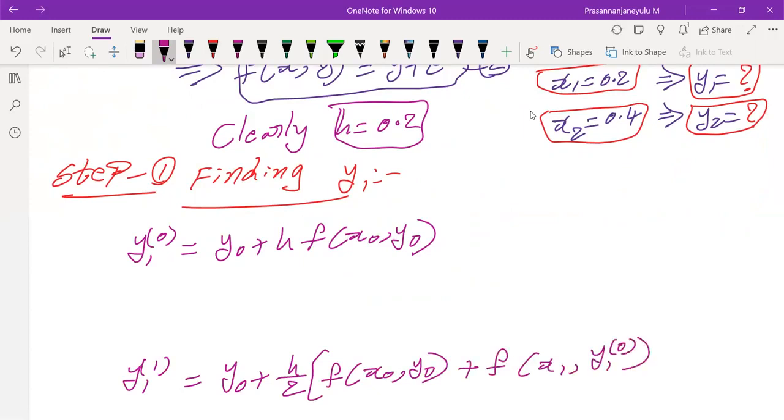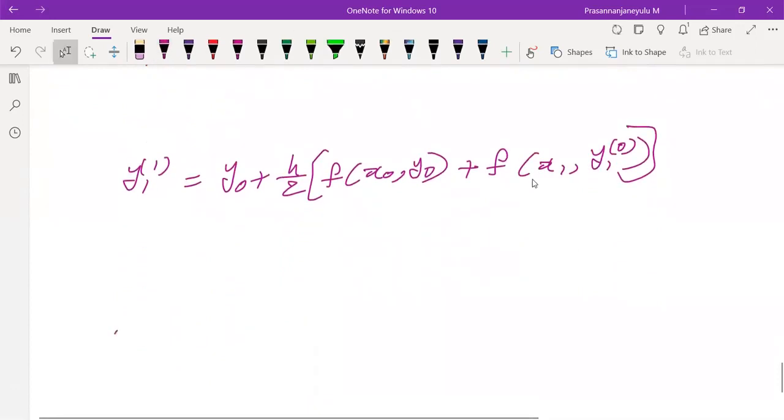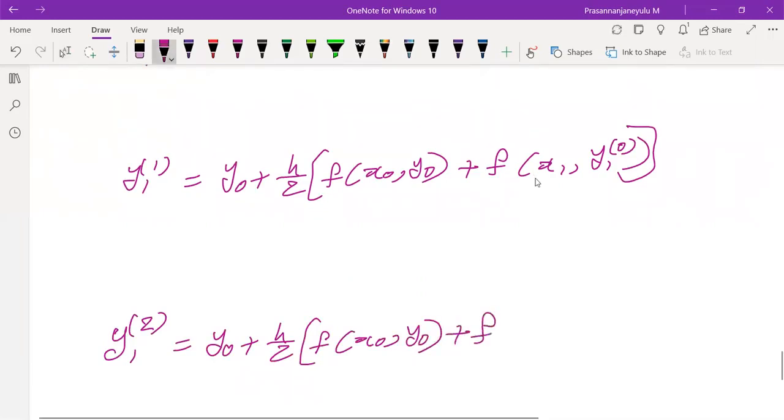In the same manner, I'm going to write one more approximation. What is the second approximation of y1? The second approximation formula is y naught plus h by 2 into f of x naught comma y naught plus f of x1 comma the latest approximation of y1, which is the first approximation of y1. This is what I am writing.